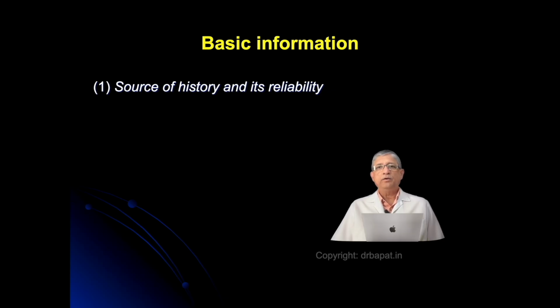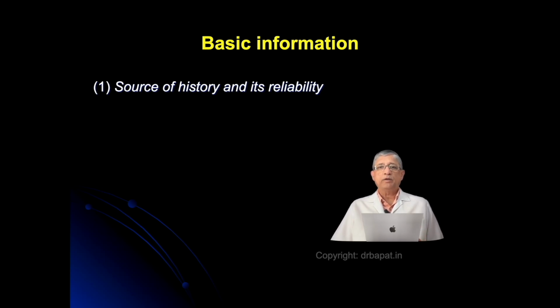Under this heading of basic information, note down the source of history and reliability. The source of history usually is the patient, but can be a family member, friend, bystander, or a medical record. Reliability varies according to the patient's memory, mood, IQ, and trust.